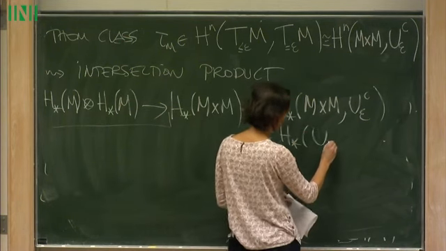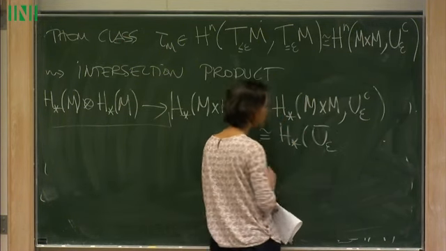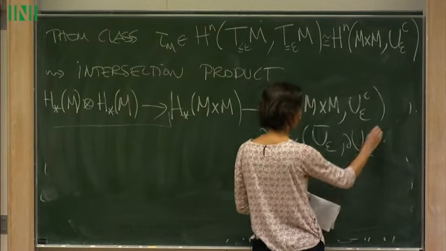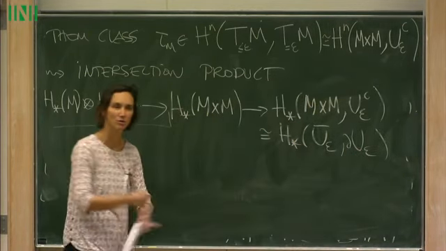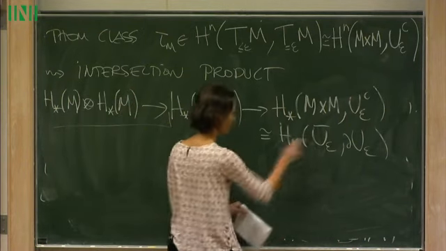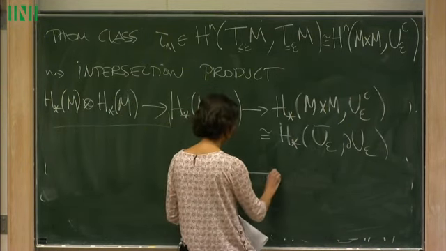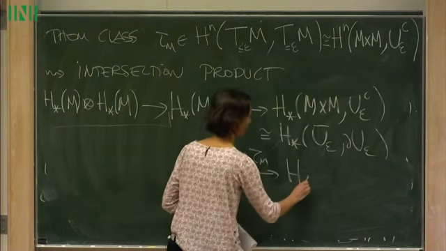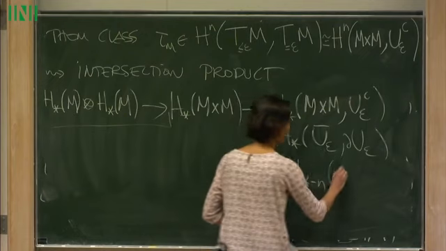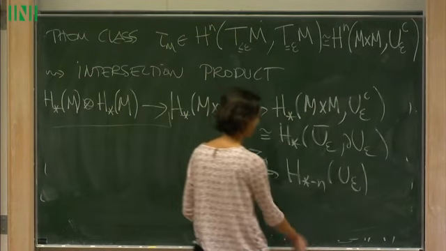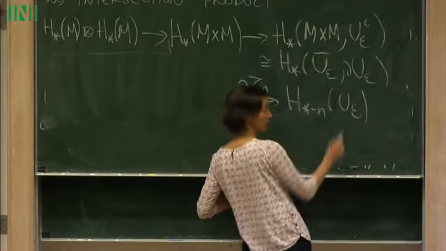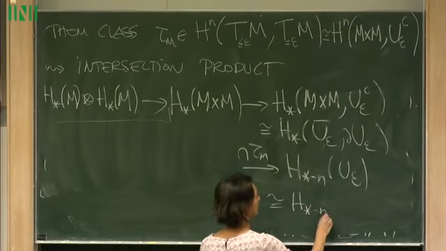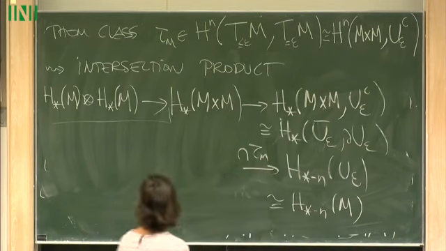This is like closure of epsilon, boundary, whatever. By excision, you can get rid of whatever is far away from U epsilon, and then the cap product, you can just cap, and then you land in H_{star minus n} of U epsilon. But because this was a bundle over M, this is isomorphic to H_{star minus n} of M.